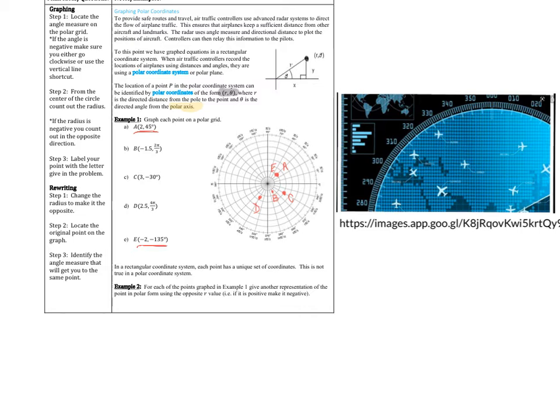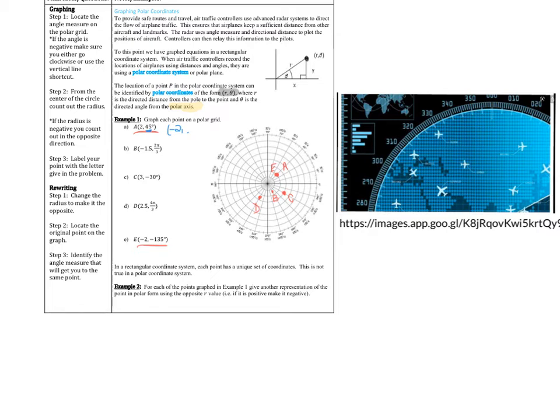So we're going to practice now giving a different representation of each one of these points that we just made, but with an opposite R value, which we can start with our A, because we just did that. We just found this point E and A are the same on the polar grid. So if I write the opposite of R, which would be negative 2, I want to use that same point, but with a different angle than 45 degrees.